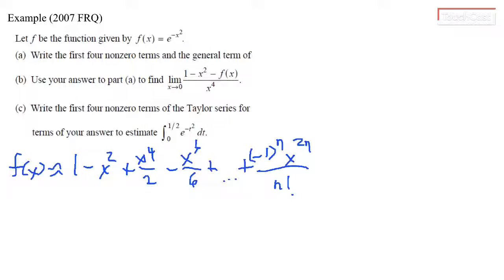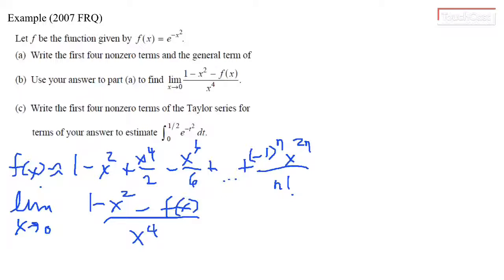So in question B, it says use your answer in part A to find the limit as x goes to 0 of 1 minus x squared minus f of x all over x to the 4th.